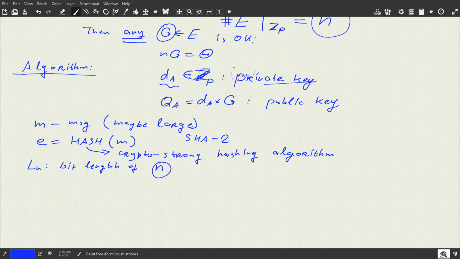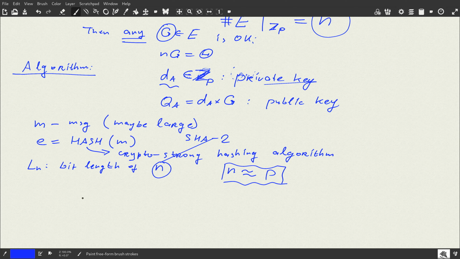And n is the total number of elements in the group. You remember that it is not exactly the same, but it is of the same order of magnitude as p, but not necessarily the same. Both of them are prime. p is prime, we used it for arithmetic, and n is the prime order of our group, but they are not the same. They are comparable by order of magnitude.